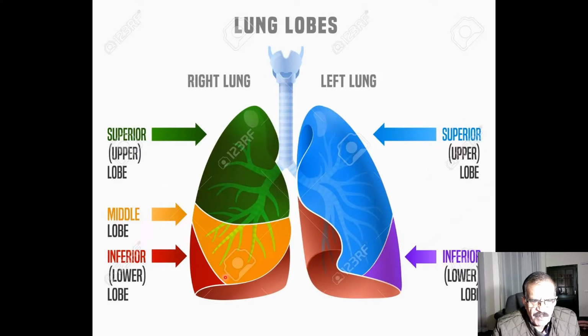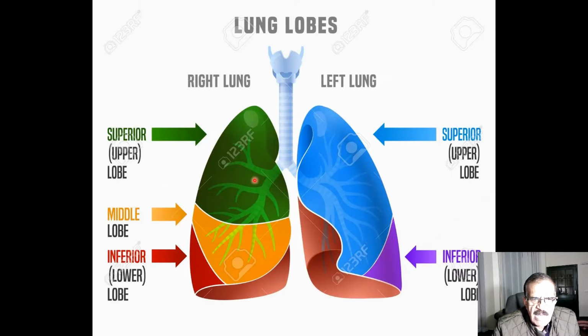These lobes are separated from each other by fissures. This is the transverse fissure. The lobe above the transverse fissure is the upper lobe, and below that is the middle lobe. And then this is the oblique fissure, and the oblique fissure separates the middle lobe from the lower lobe.